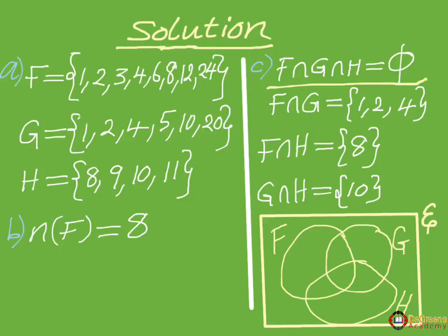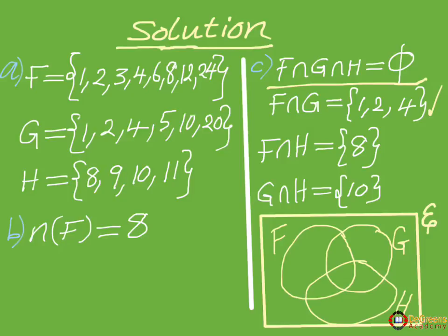F intersection G intersection H is an empty set, meaning that no element will be written in that region. We take the next, which is F intersection G. You see that we have 1, 2, 4.